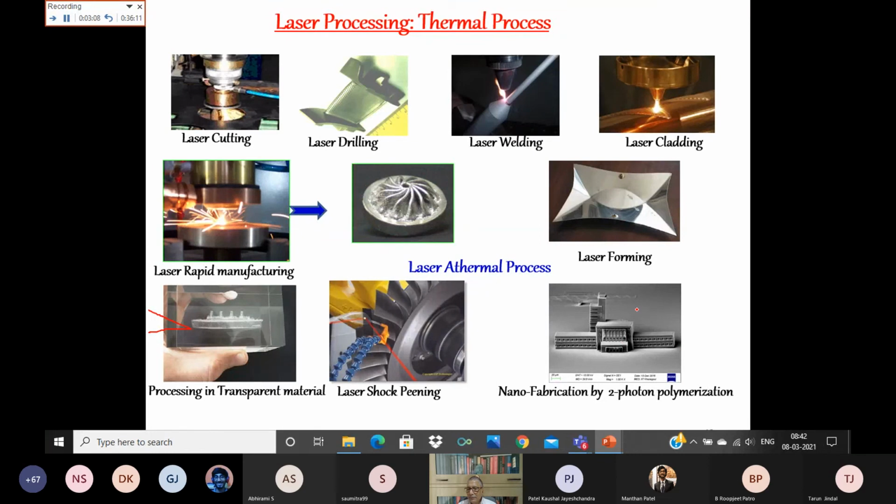If you see the scale, it is 20 microns, so the entire thing will be around 500 microns or so, less than a millimeter in length. Okay, so all these can be done with the help of a laser, and the process with which it is done is known as two-photon polymerization.